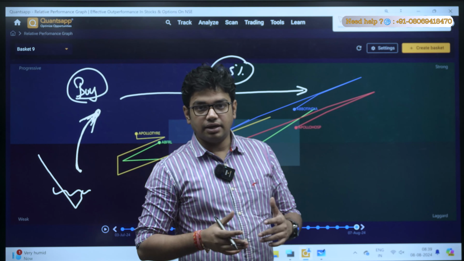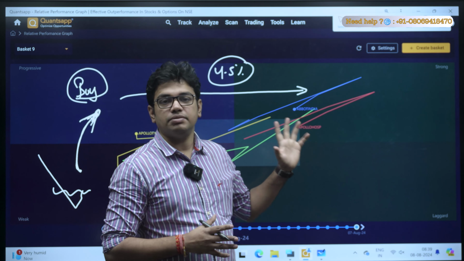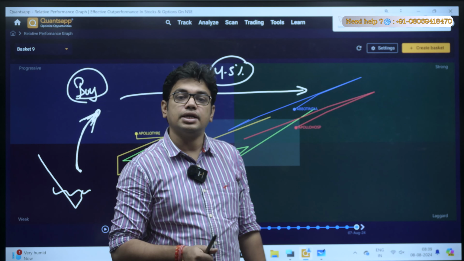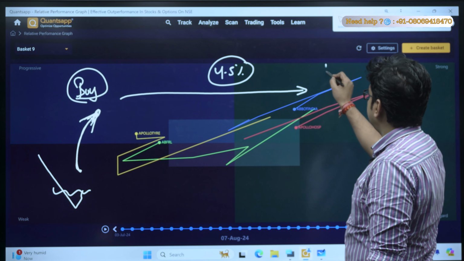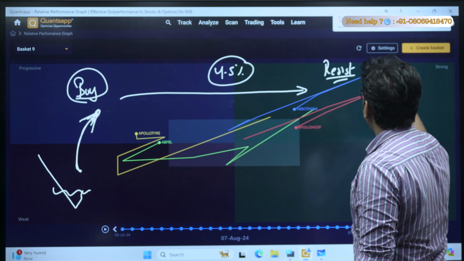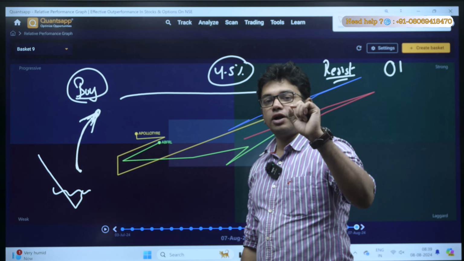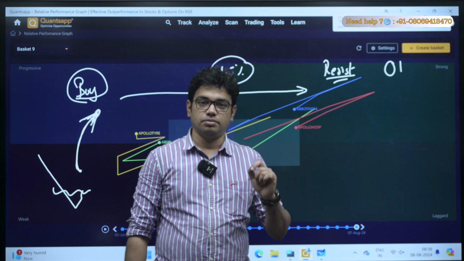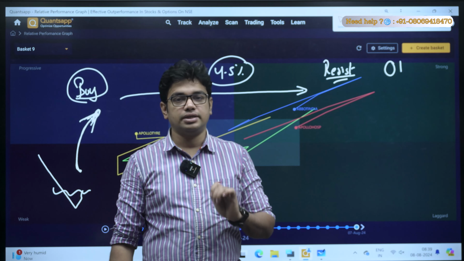So the advice here is to hold that particular stock. The system is saying that you can hold it. For that you need to consider the resistance. If the stock is near the resistance, look at the OI, that means open interest. If the call writers are unwinding from that level, you can hold it, it might break out of that resistance.